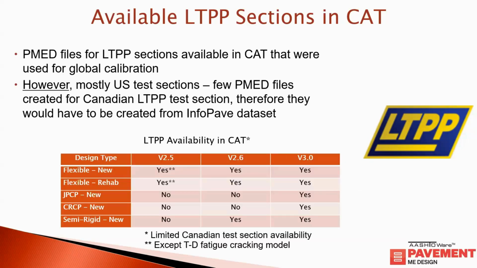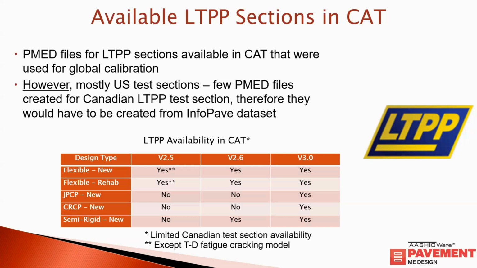And this is just showing what model or what LTPP files are available in the CAT. And they match up with the calibration status. So in other words, for version 2.5 onward through 2.6 and 3.0, the last major global calibration for the flexible design models, and also includes the semi-rigid, was for the 2.5, 2.55 version.